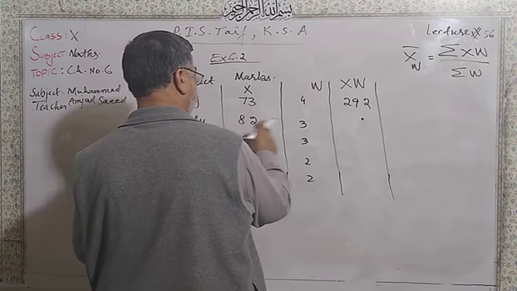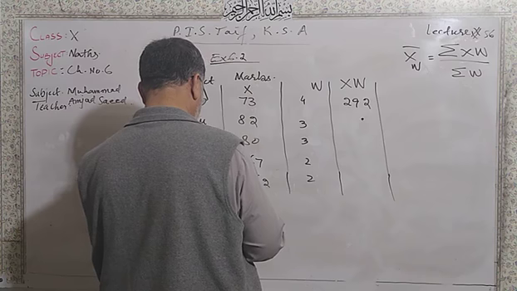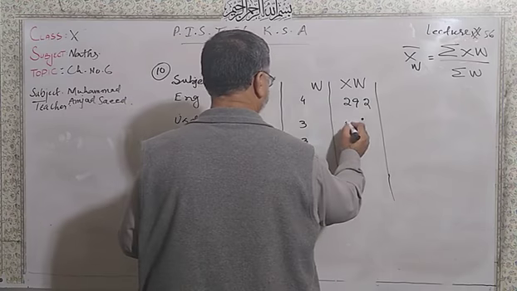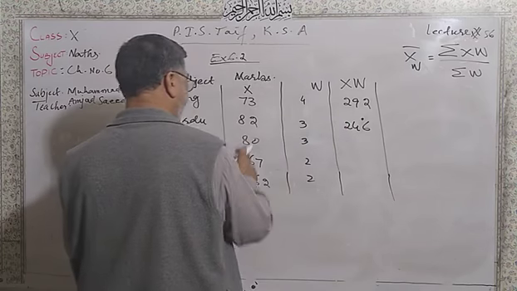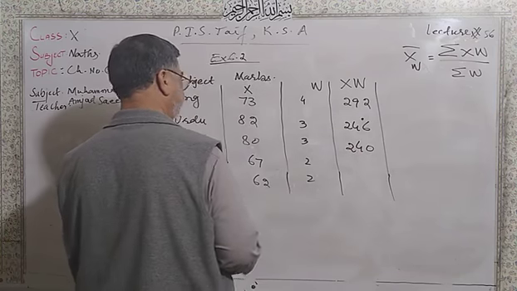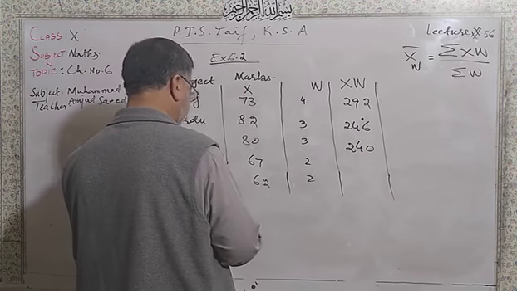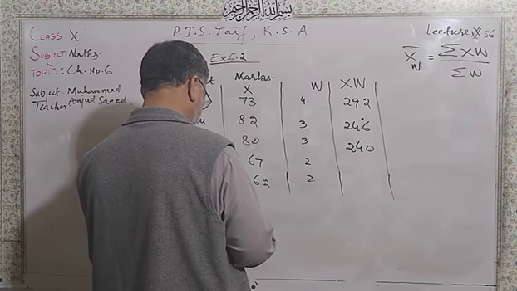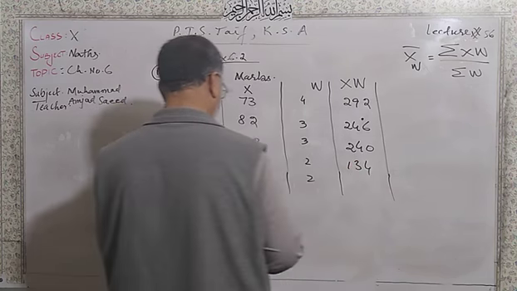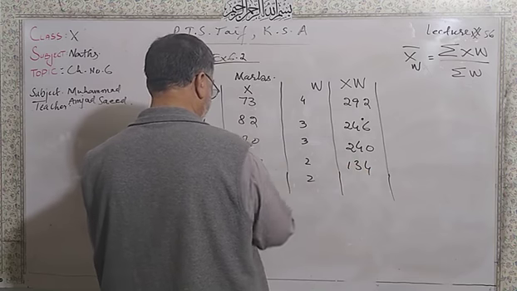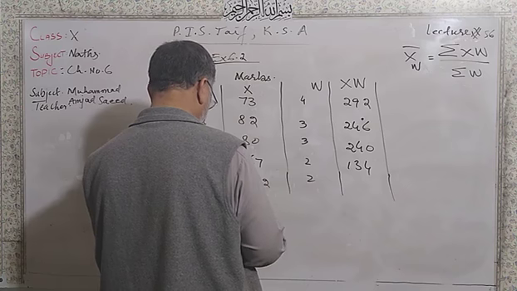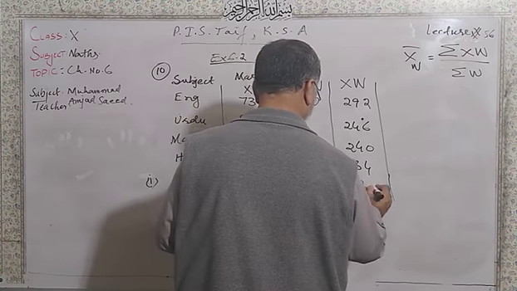Then 82 by 3 is 246. Then 80 by 3 will be 240. Then 67 by 2 is 134. Then 62 by 2 will be 124.